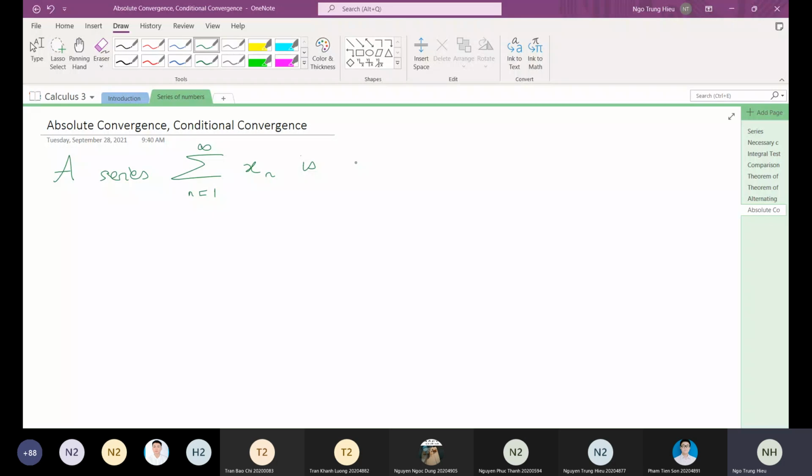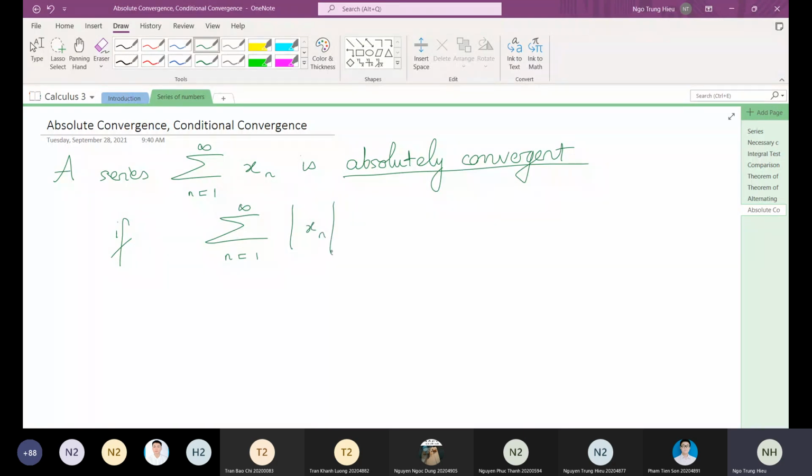We call it absolutely convergent if, this is a definition, right, if the series of absolute values converges.